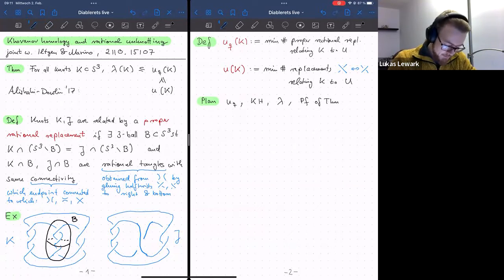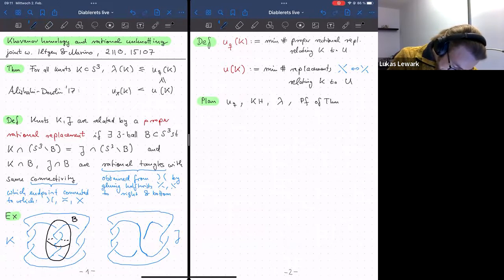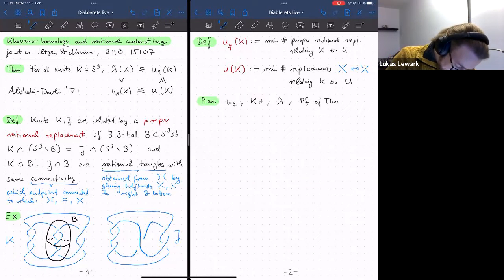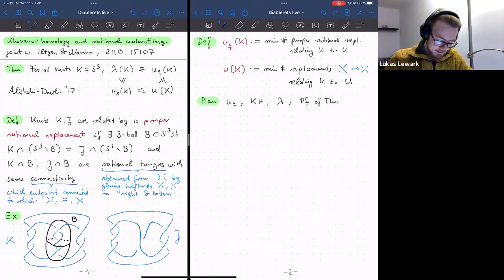The theorem of Alishahi and Dowlin is that Ux of K is less or equal than U, where Ux is another invariant coming from Khovanov homology, and we can show that Ux is less or equal than lambda. So you see that our theorem is a generalization of Alishahi and Dowlin's in 2 ways.